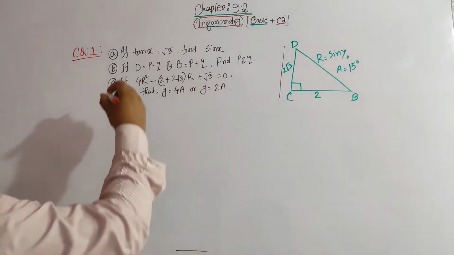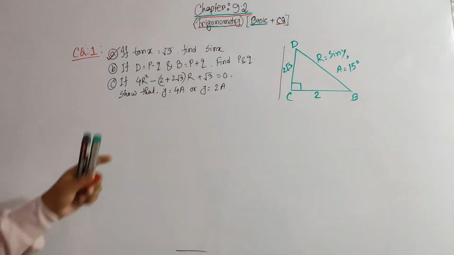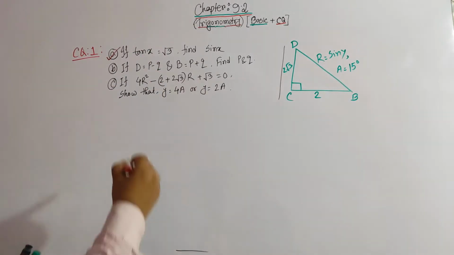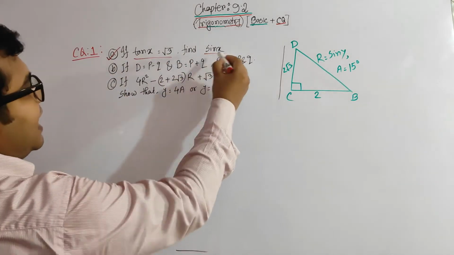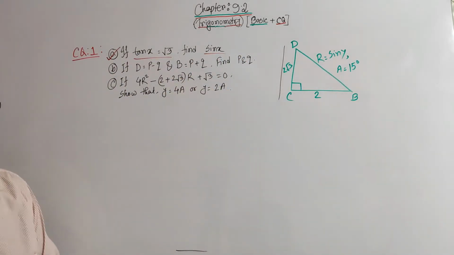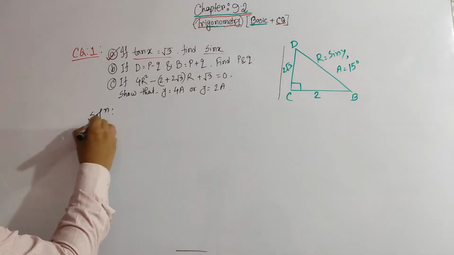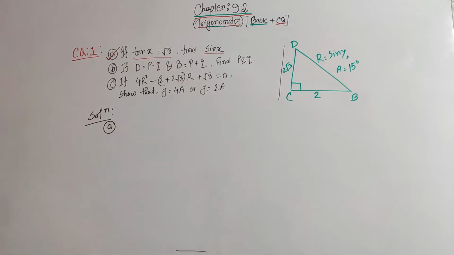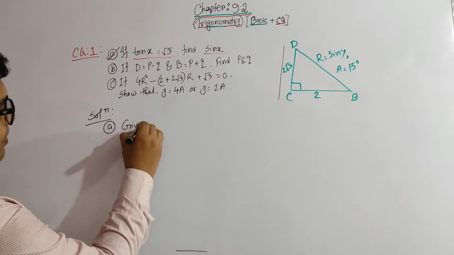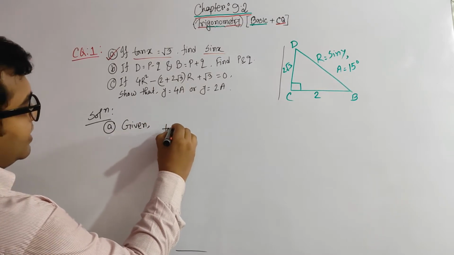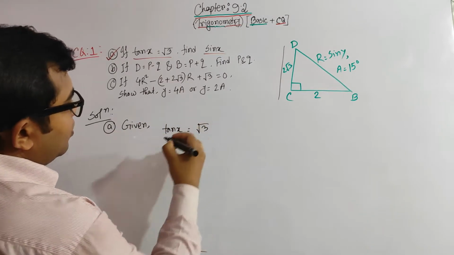First of all, the first question says, if tan x equals root over 3, then sine x equals what? How can we go for this? The solution of A: tan x equals root over 3. So here is the given part, tan x is equal to root over 3.